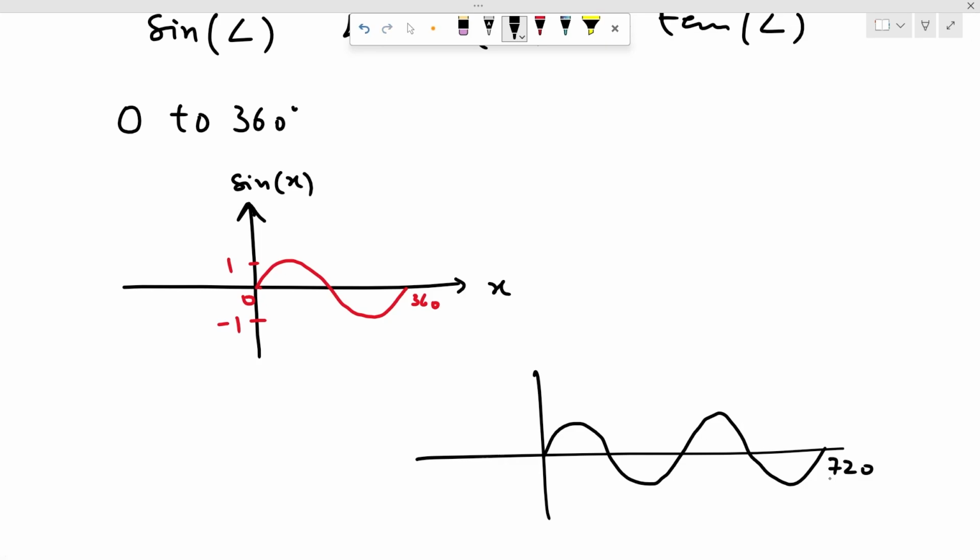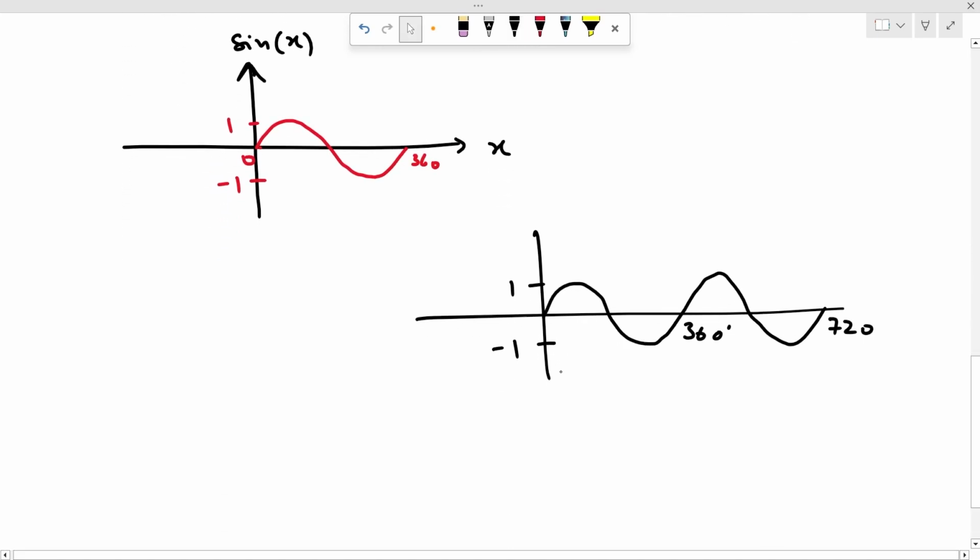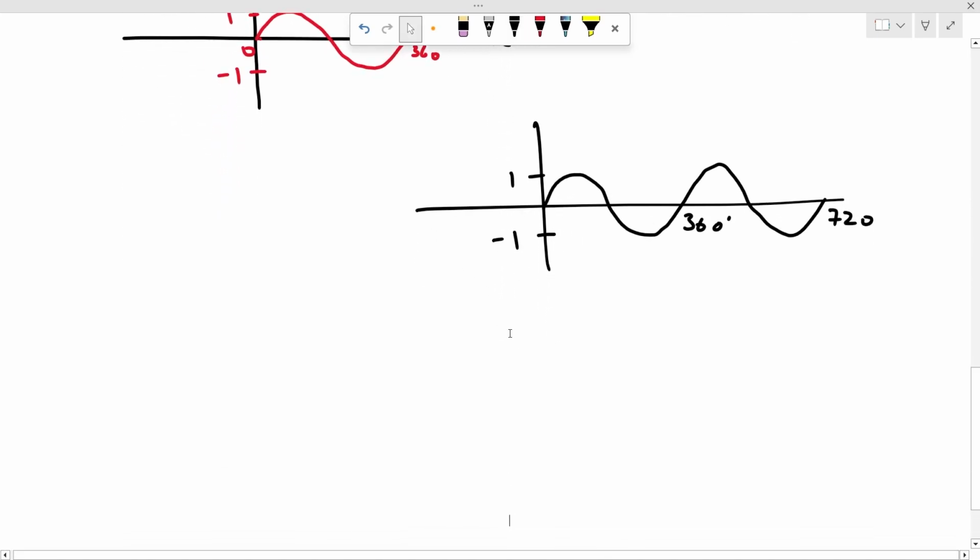At 360 degrees, we have one wave. The pattern is repeating itself after every 360 degrees. This is true for all kinds of trigonometric functions. We will look at the three trigonometric functions: the sine, the cosine, and the tan.